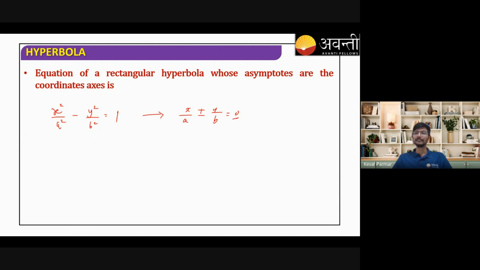Here there is 0, here there is 1. That means in this case, the difference in the constant is 1. So if someone gives me the equation of the asymptotes, will I be able to get the equation of the hyperbola?